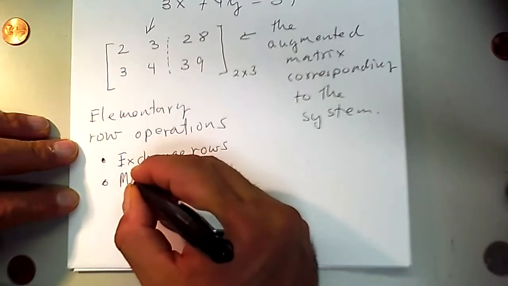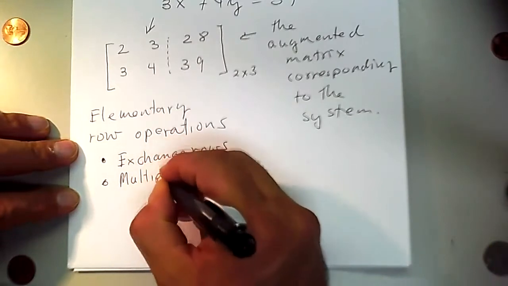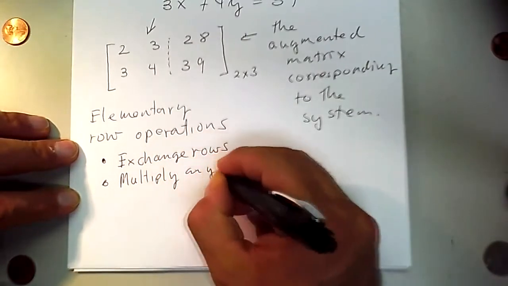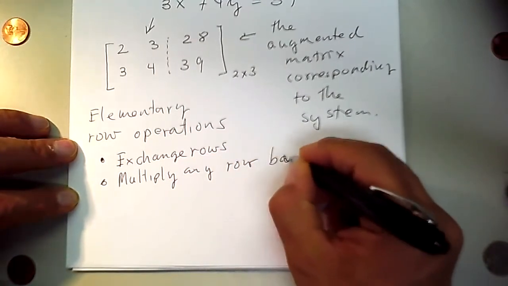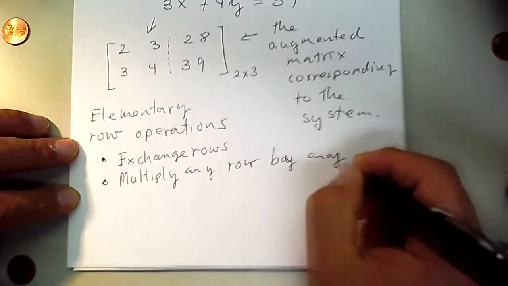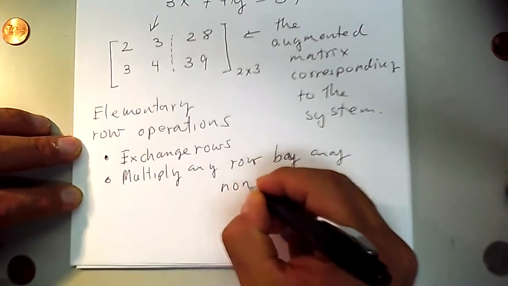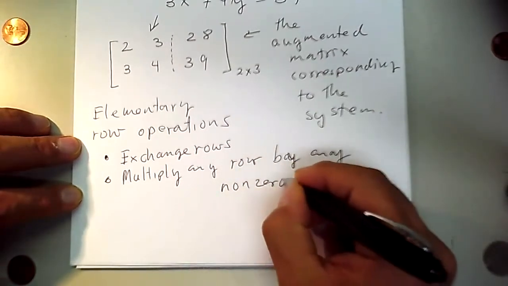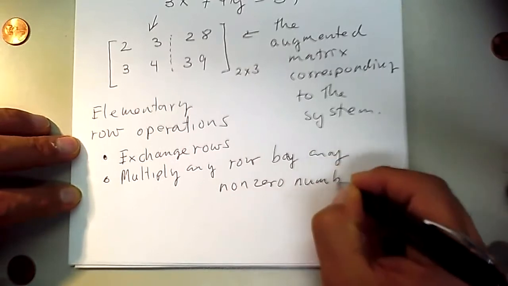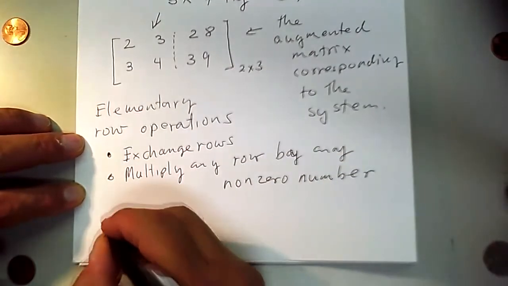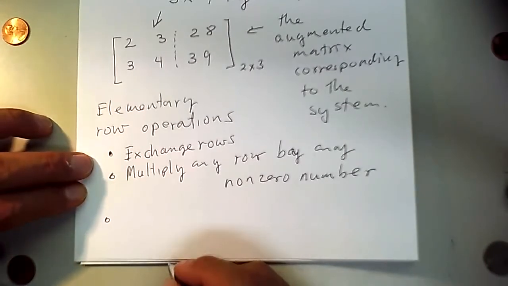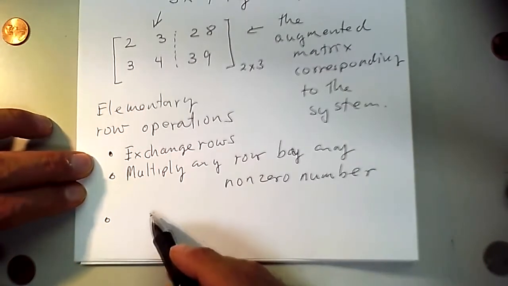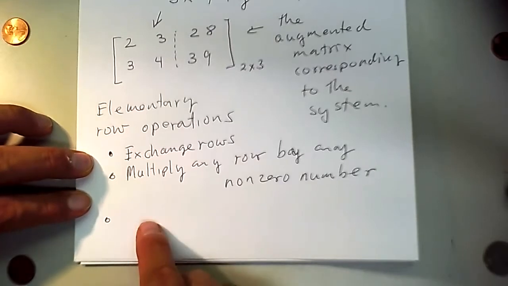So we may multiply any row by any non-zero number. And the third one will be that we can add to any row a multiple of any other row.